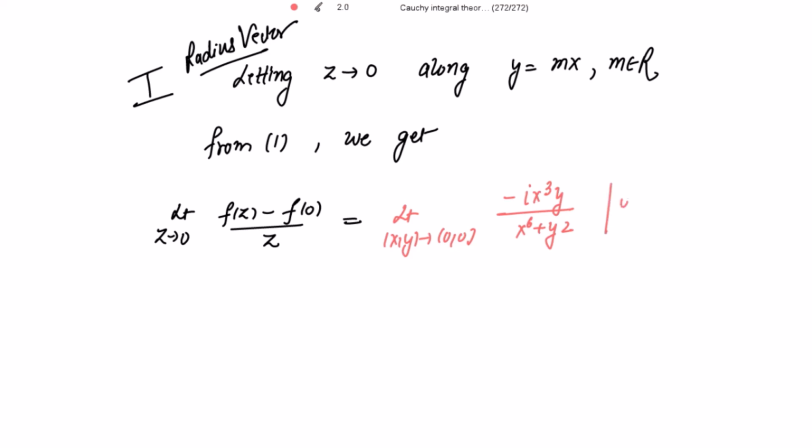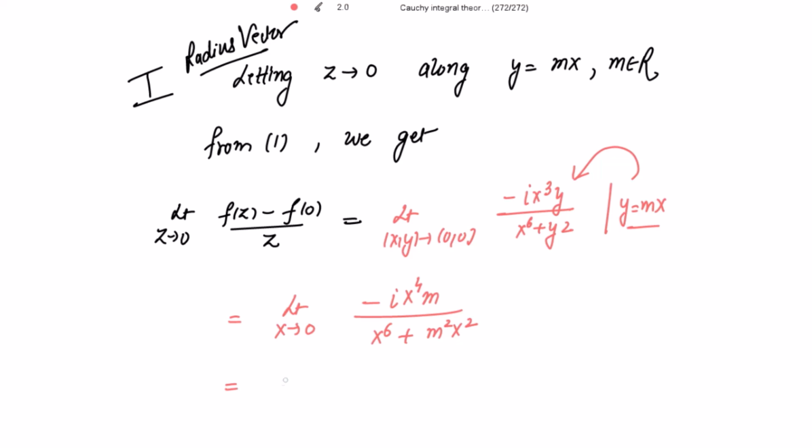If I put here y equal to mx, then we are taking the limit for x tending to 0, because when I put y equal to mx, everything will be changed into x. So this is minus iota x cube, taking y equal to mx, I get mx over here, divided by x to the power 6 plus m square x square. And in the numerator, I get x to the power 4.